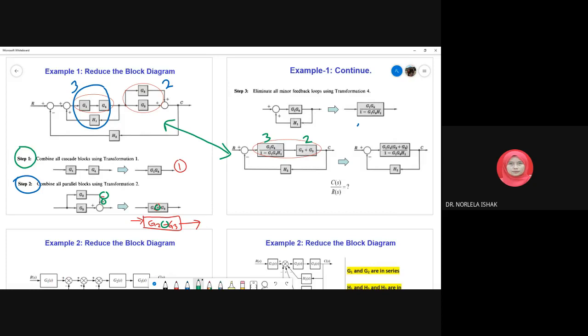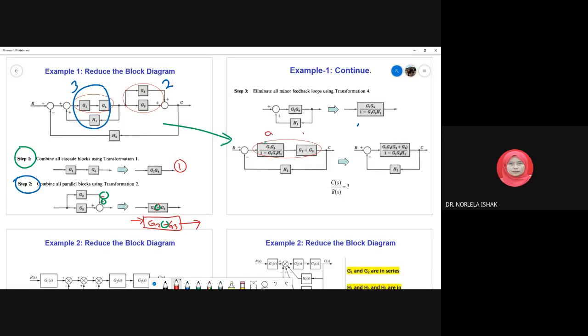So meaning after this, let's say I label back. After we proceed step 1, step 2, step 3, we redraw back our question, and then you get this one. From here, I will relabel.